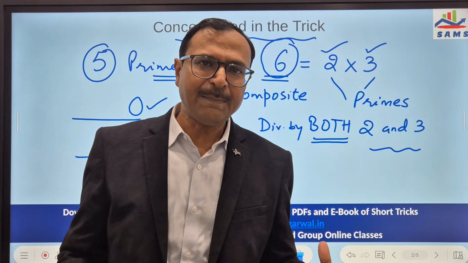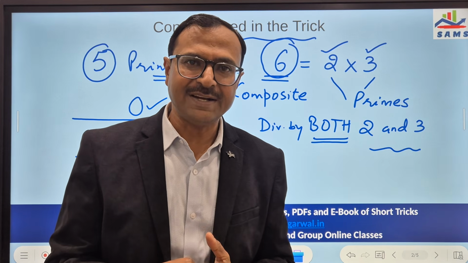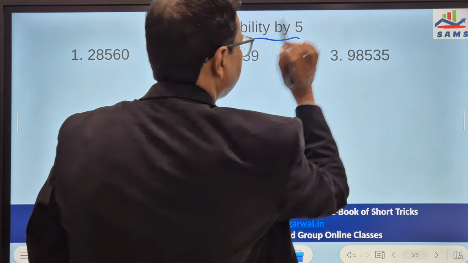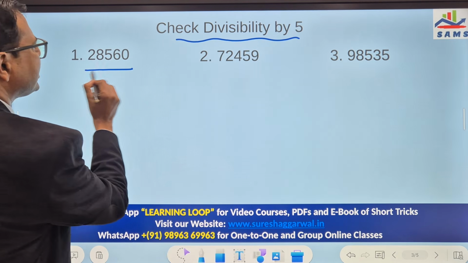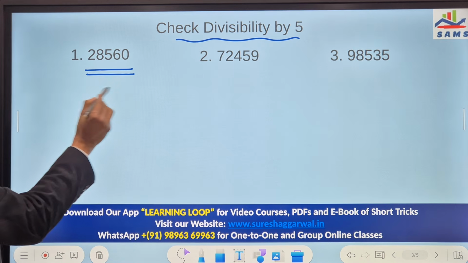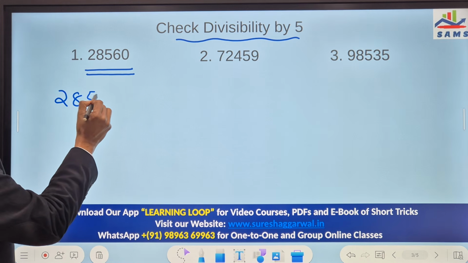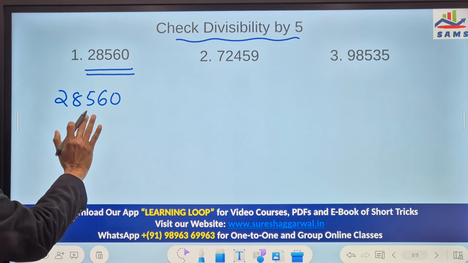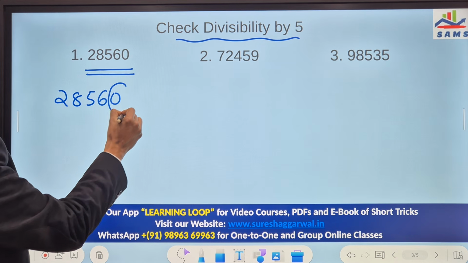Okay. Can we apply this concept now to check the divisibility by 5? Very easy. This is an easy slide, checking divisibility by 5. Take 28560. If I have to check whether this number is divisible by 5 or not, I have to just observe the last digit.